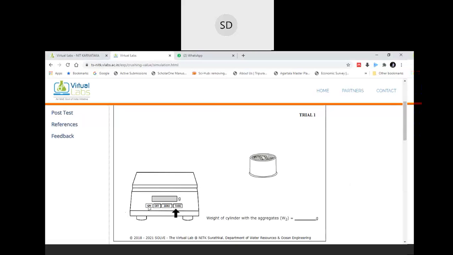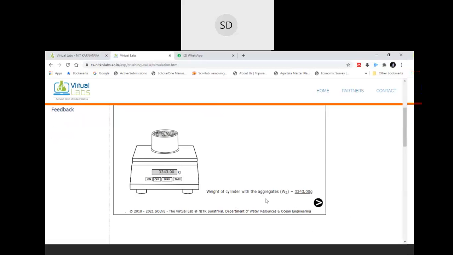Then again take the weight. If it is not 0.0, in that case you have to tare it. Then place your mold assembly with the aggregate and take the weight. The weight of the cylinder with the aggregate you are getting is 3343.00 grams, and initially your W1 was the weight of the empty mold.